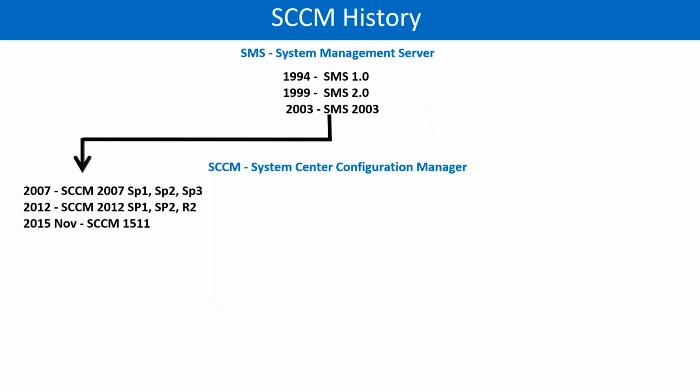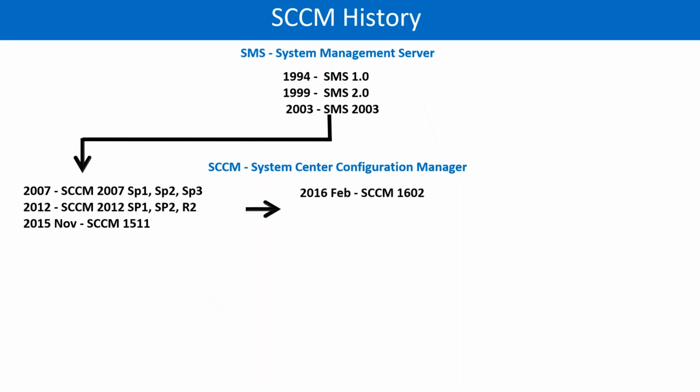So now they are going with year and month. Previously, they used to go with SP1, SP2, R2, but now they have stopped that naming convention. Now they are going with year and month. So every year they are releasing 3 versions.